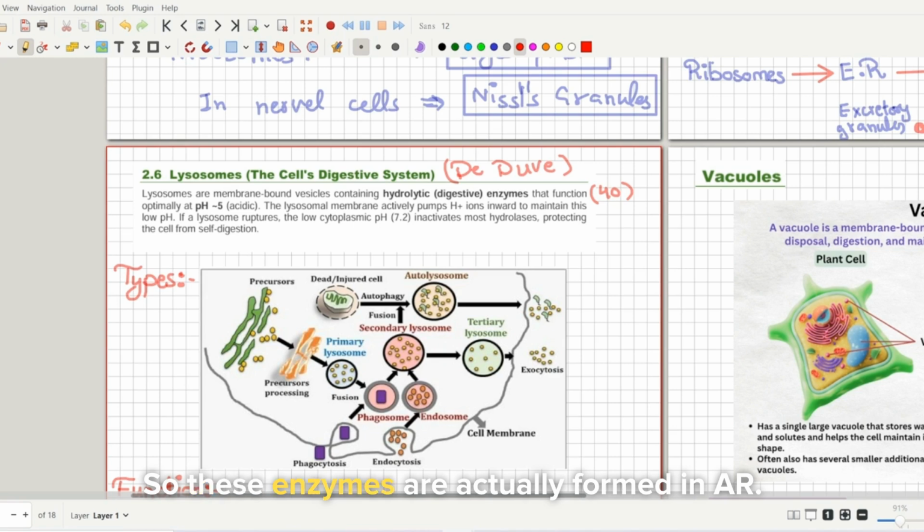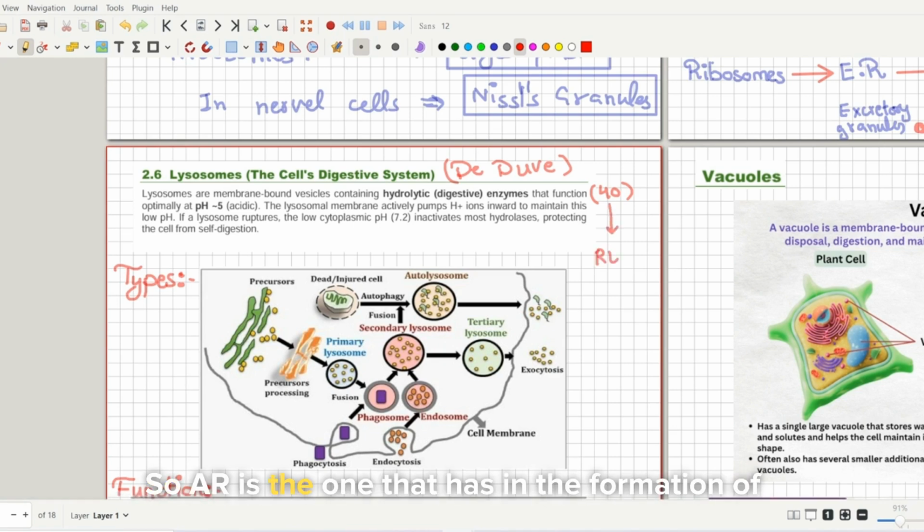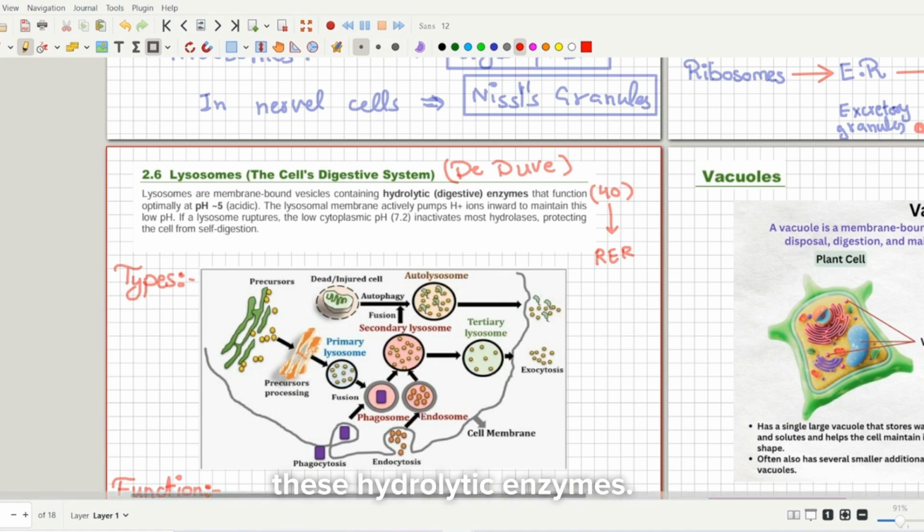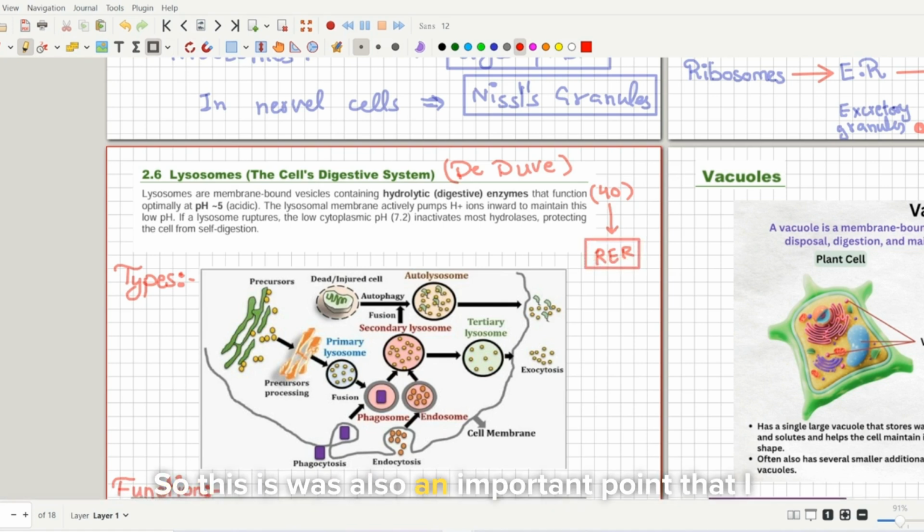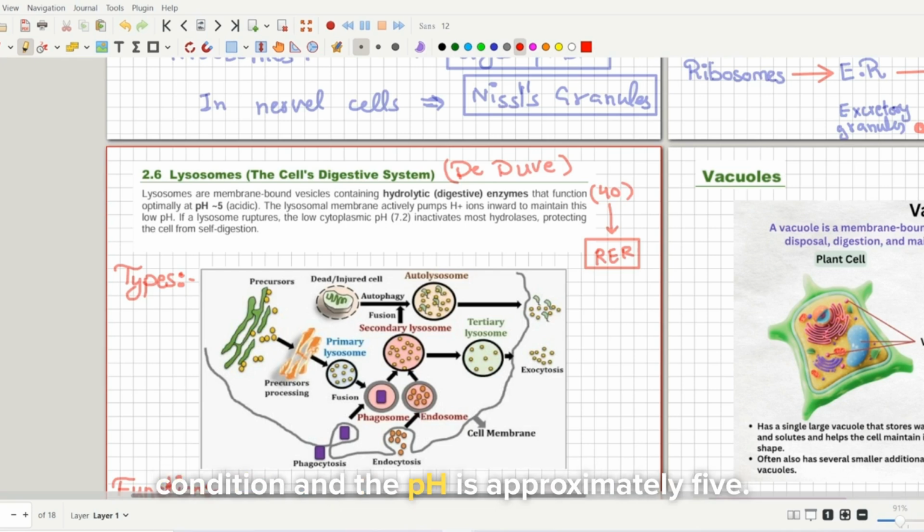These enzymes are actually formed in the RER, so the RER is the one that helps in the formation of these hydrolytic enzymes. This was also an important point that I must mention here. These enzymes mostly work in acidic conditions, and the pH is approximately 5.